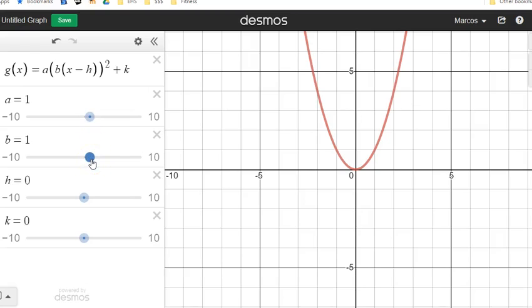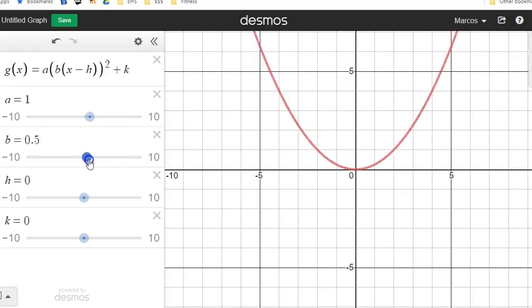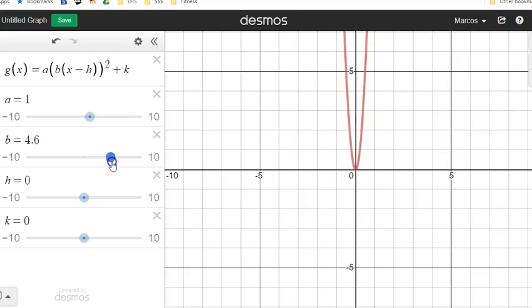Now B is going to do the same thing, stretch and compress, but now horizontally, meaning from the left and right. So think of the rubber band again, and you're grabbing it from the left and right ends of the graph, and you're pulling it. If it's bigger than 1, it's going to be stretched sideways.